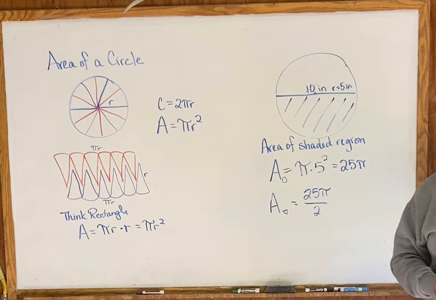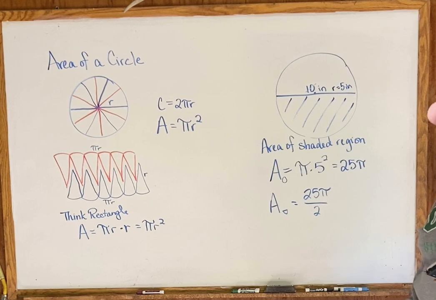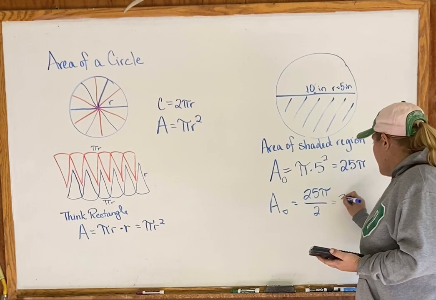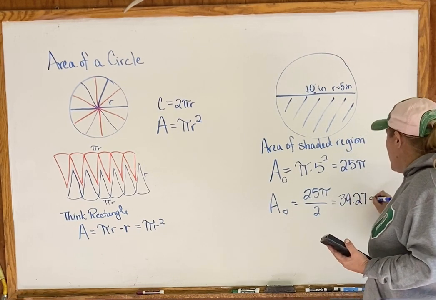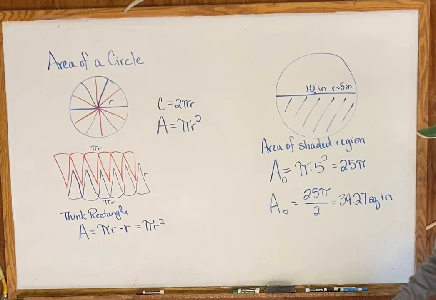But if we're in the real world and somebody wants to really know what the area is, that doesn't help them much. So we get our calculator out, 25 times pi divided by 2, and I get 39.27. And then remember, this is going to be square inches.